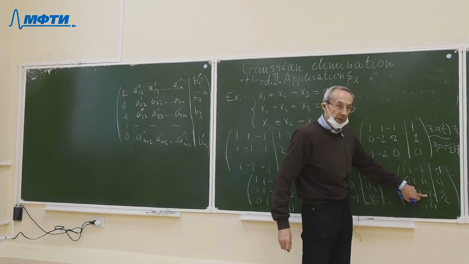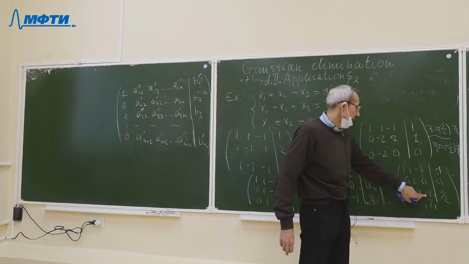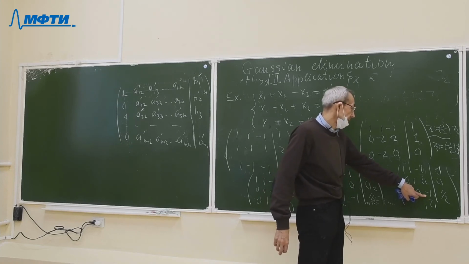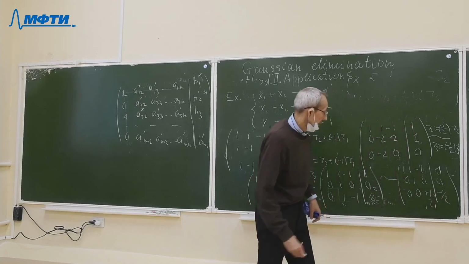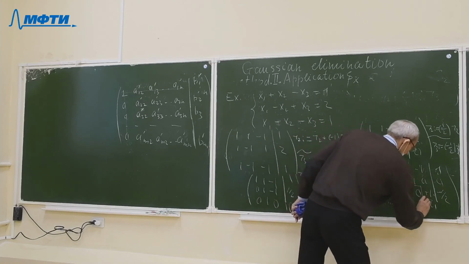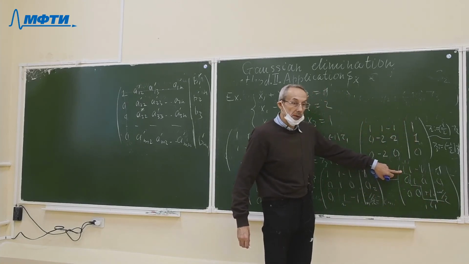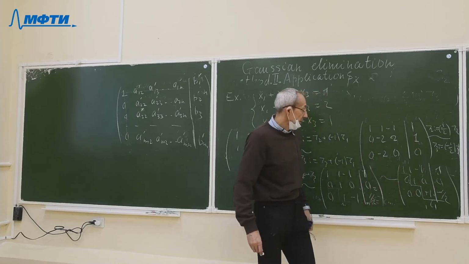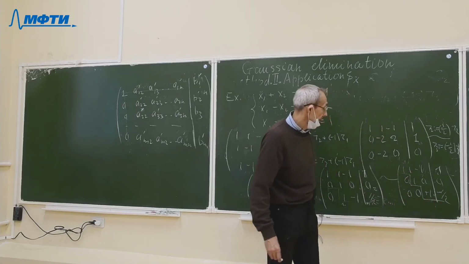I can change the sign in these rows by multiplying the last rows by -1. I change, and I obtain the reduced row echelon form. And from this echelon form, I can obtain the solution.